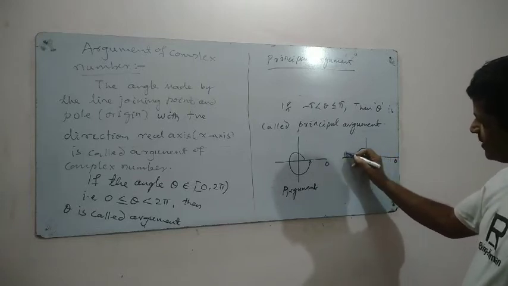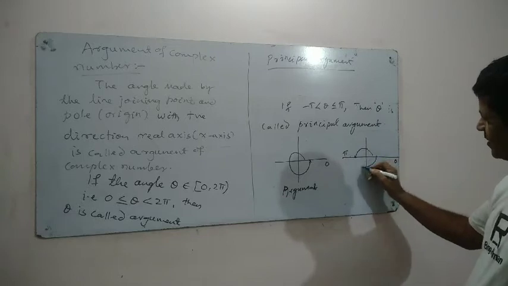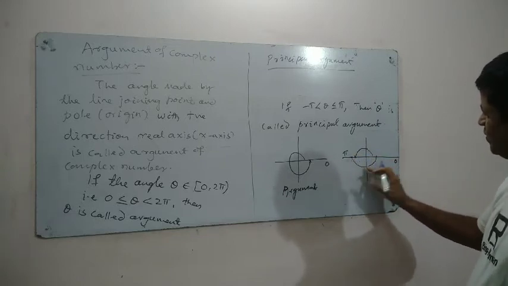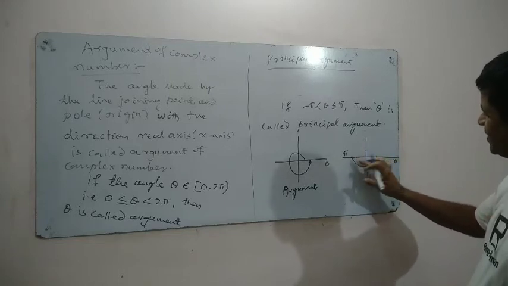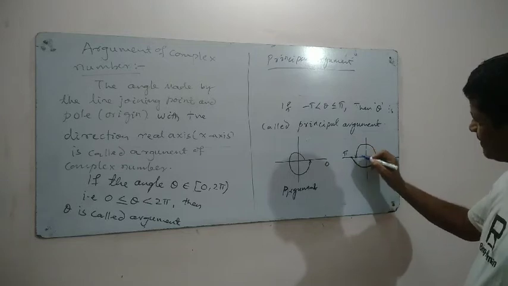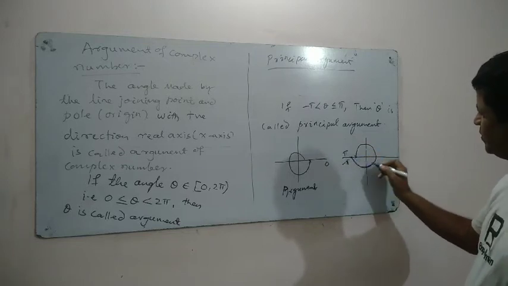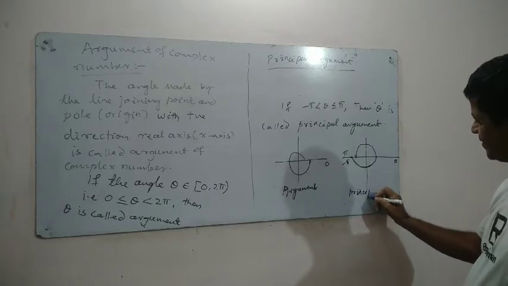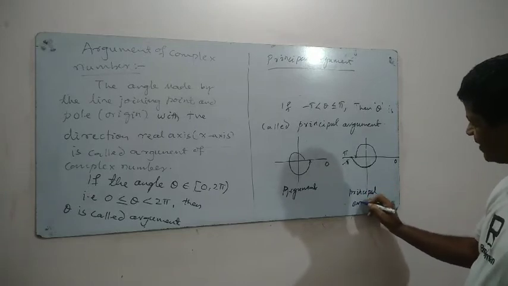In the clockwise direction, this will be minus pi. So it goes from minus pi to pi. This is called the principal argument.